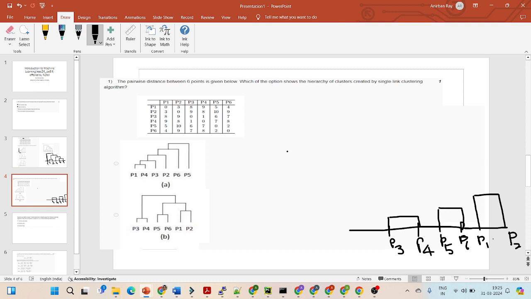You could write P1, P2 as well. Same thing actually. And then the higher ones, 3, then 4 here. 4 is P1, P6. Slightly higher.